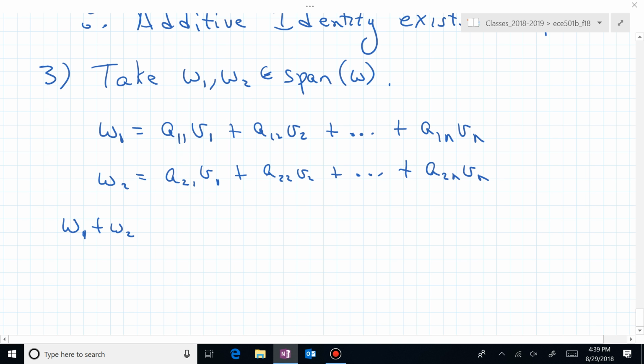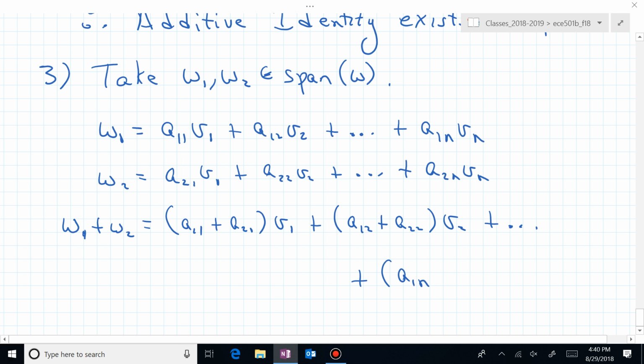Let's now add W1 and W2. That gives us A11 plus A21 times V1, A12 plus A22 times V2, and so on, and now what can we say? Well, what do we know about these A's?